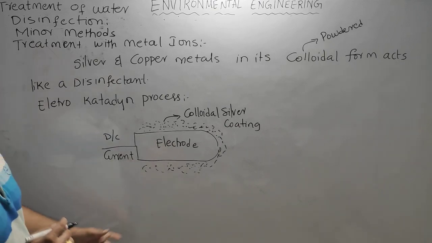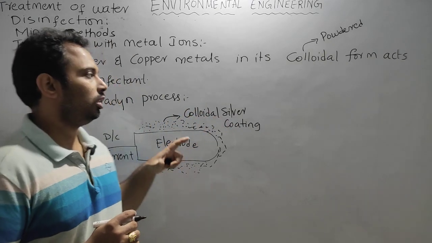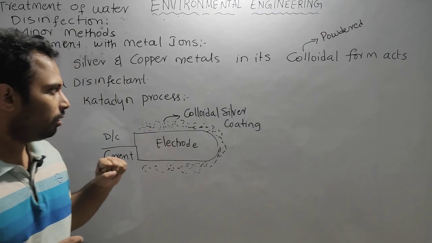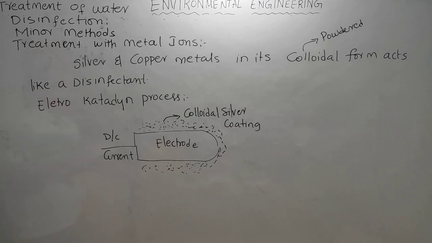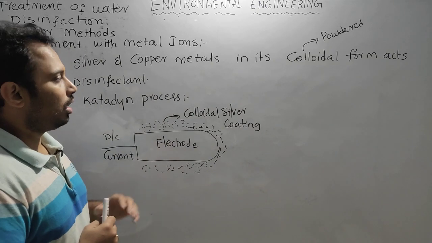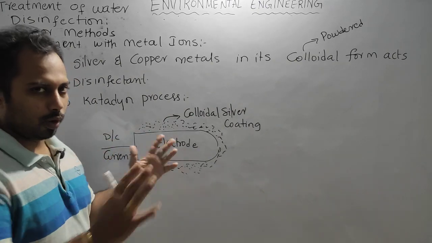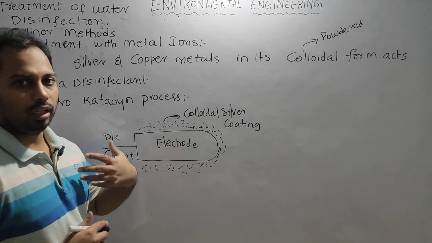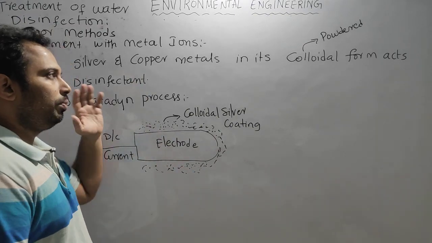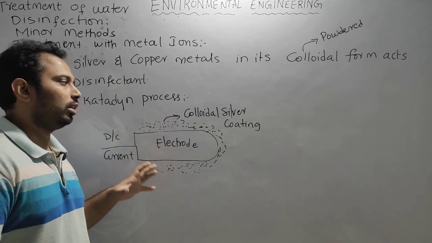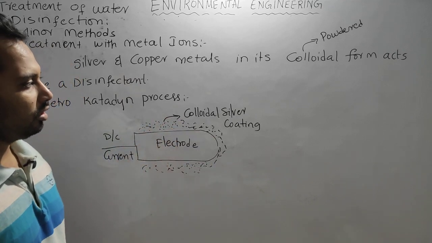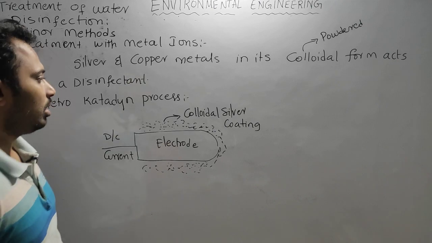See, silver is very costly. So this process is also very costly, and it cannot take care of any future contamination. Once the metallic ion interaction is over, that means when the water is leaving this chamber, it is the same as with UV rays. When it is in contact with this electrode, the water is not contaminated.